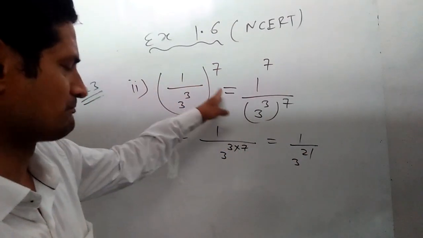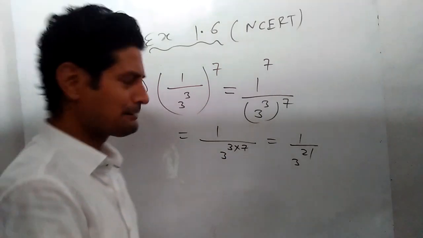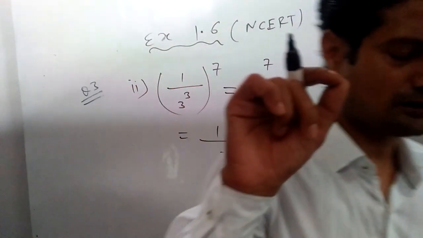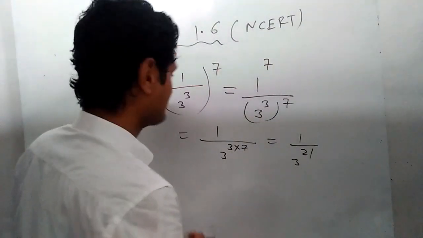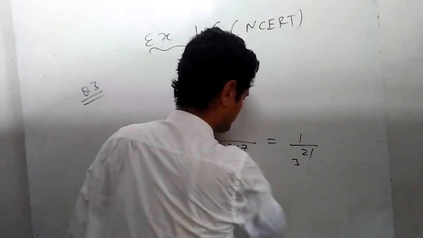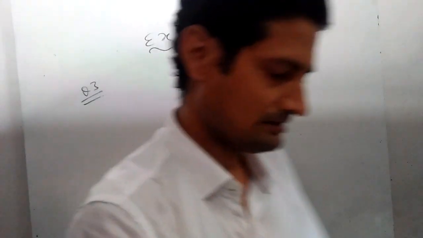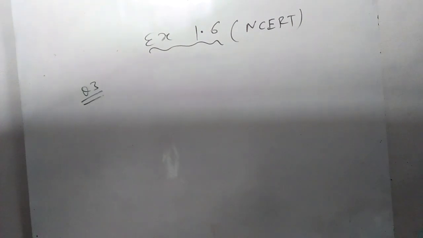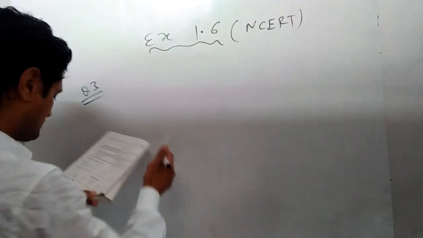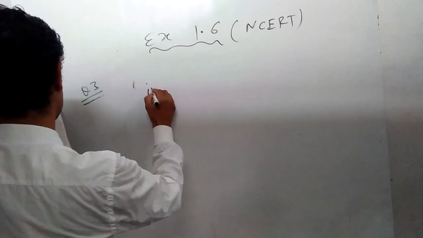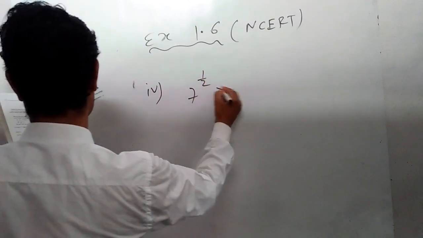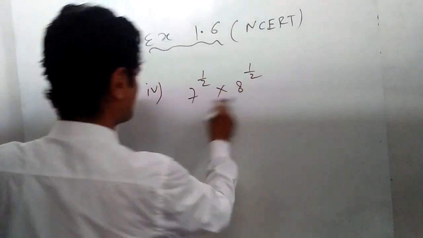Very simple question. You only have to understand the concept of the law of radicals and the law of exponents. You can solve this type of question easily. Now, another question, and this is the last question. Question 3, fourth part: 7 to the power 1 by 2, 8 to the power 1 by 2.